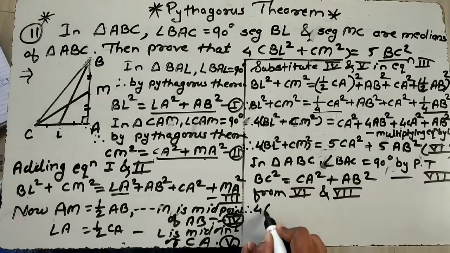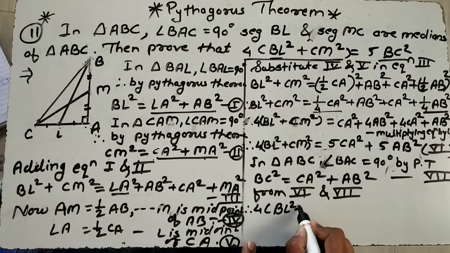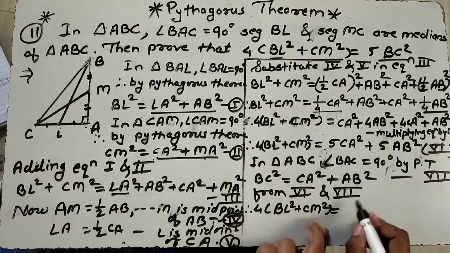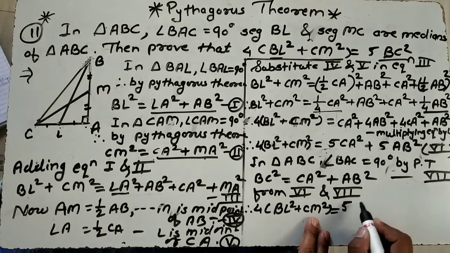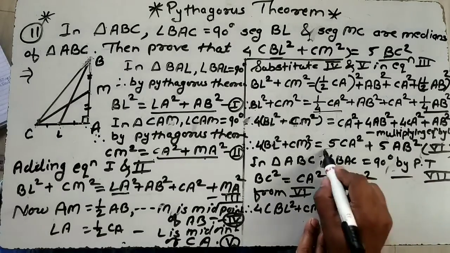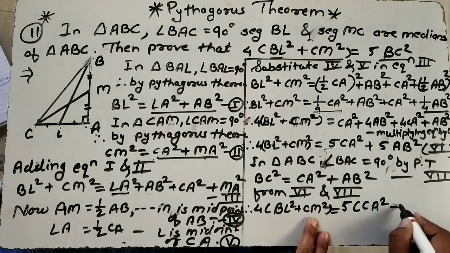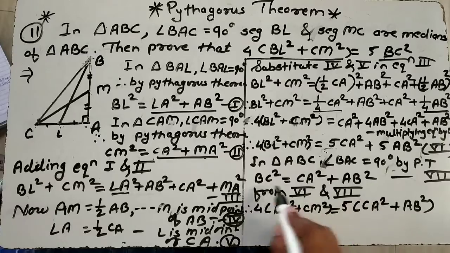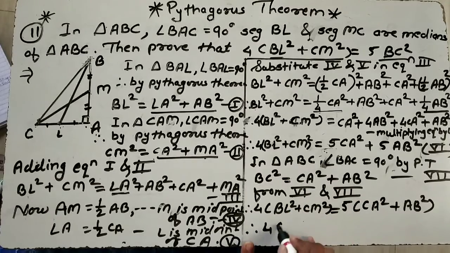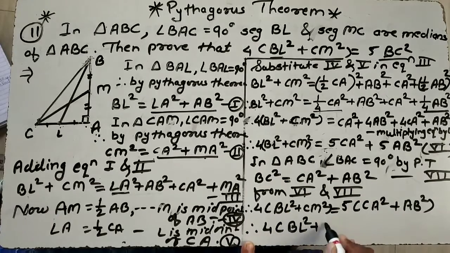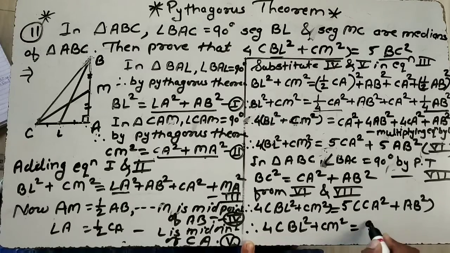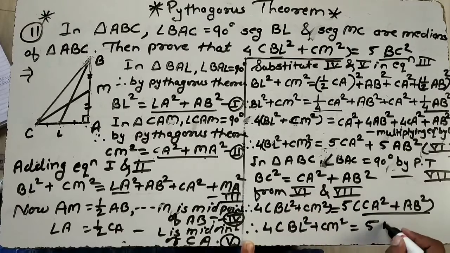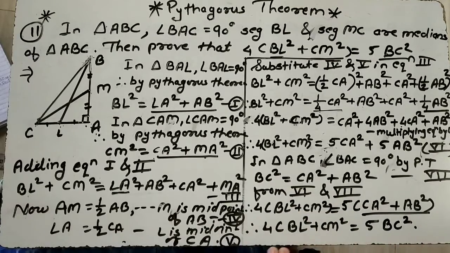We will write here 4 into bracket BL square plus CM square is equal to 5 into bracket, this 5 we take outside, so CA square plus AB square. And CA square plus AB square is equal to BC square. So 4 into bracket BL square plus CM square is equal to 5, and instead of these two, from equation 7 we will write this value, BC square.